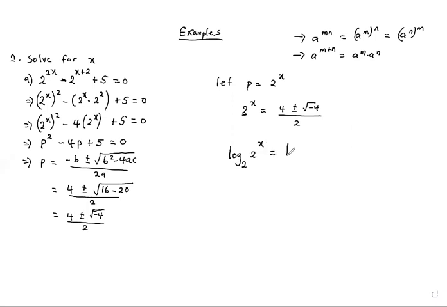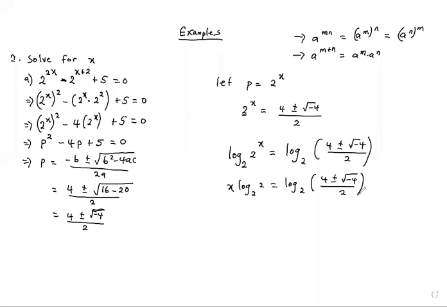You do the same on the right. And then since log allows us to drop the power, this power will be dropped and we will remain with x log 2 is equal to log 2 of 4 plus or minus root of negative 4 over 2.